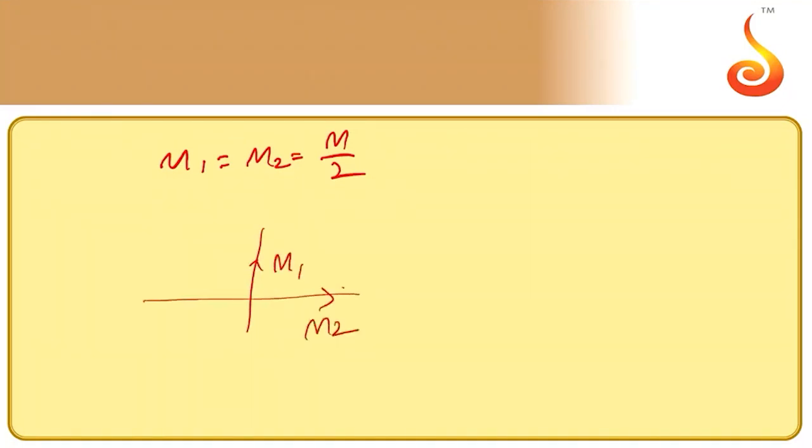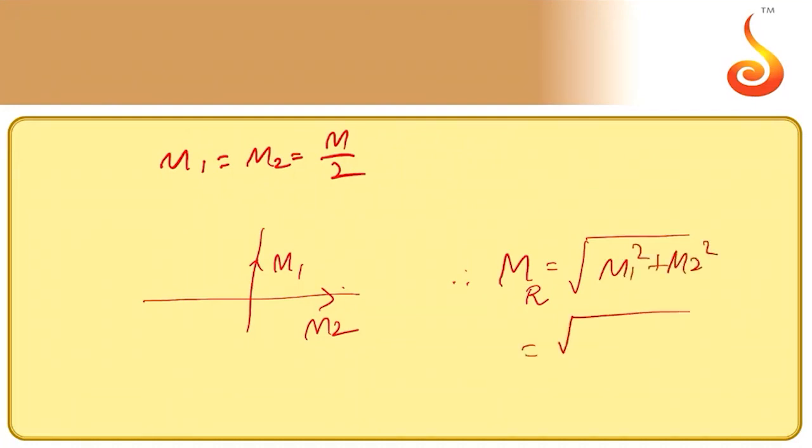There are two magnetic moments and of course m1 is equal to m2 is equal to m by 2 because they are cut into two parts. And there are two magnetic moments. This is m1 and the other is m2 and they are perpendicular to each other. Therefore, the resultant magnetic moment, net magnetic moment, is square root of m1 square plus m2 square.